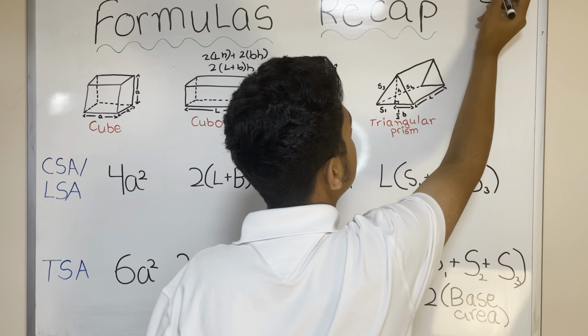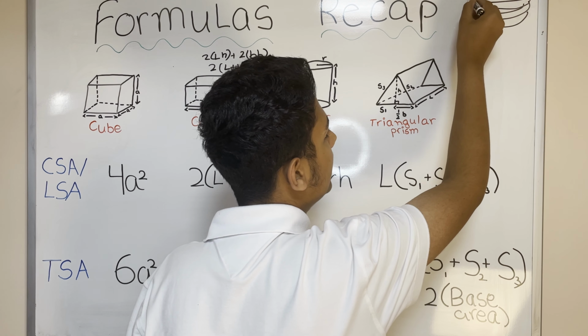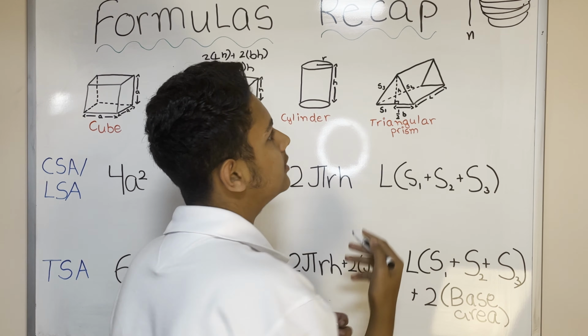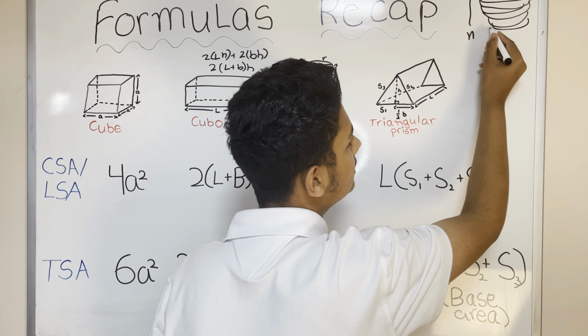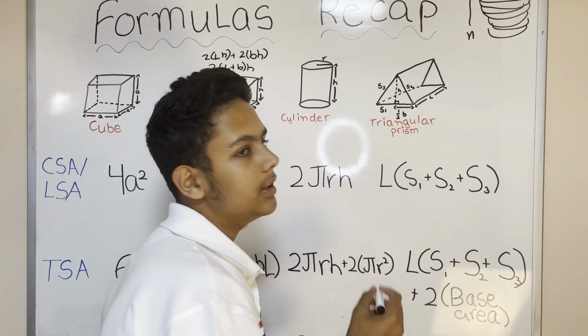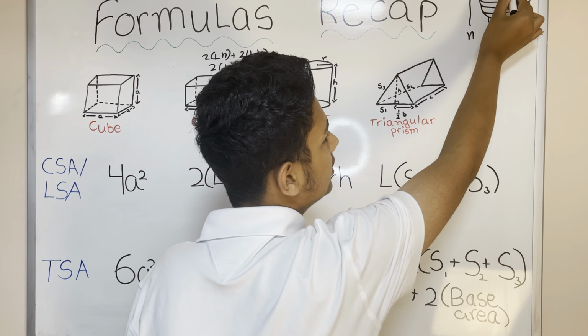And if I just combine more and more rings at the bottom till h height, because we know the height is h, and if I just keep on combining more rings till h height, it's gonna be 2 pi r h. So that's our curved surface area formula.